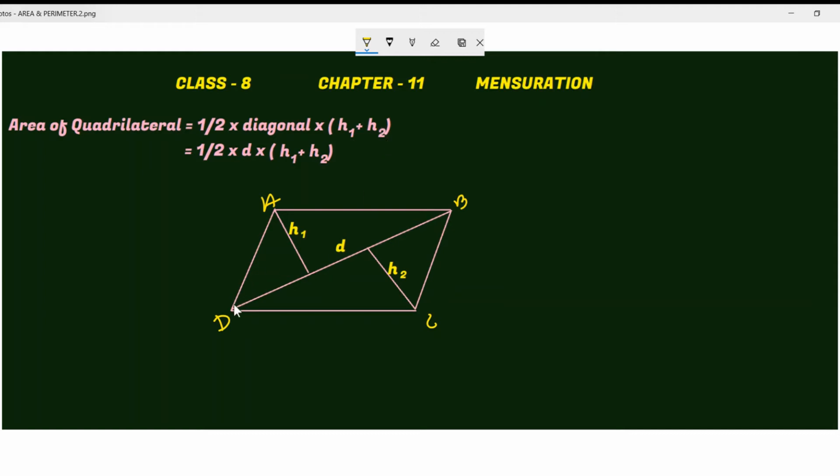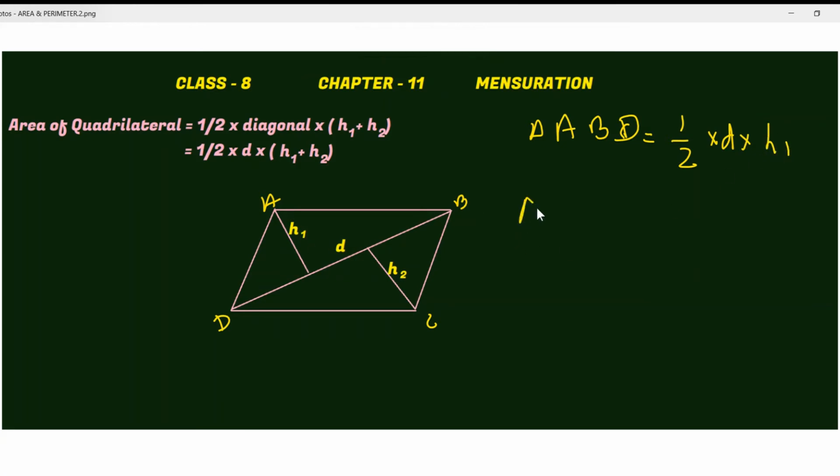Here you can see there are two triangles. If you want to find out the area of triangle ABD, what is the formula? Triangle ABD is equivalent to half into, this is your base, so half into D into, this is your height H1.